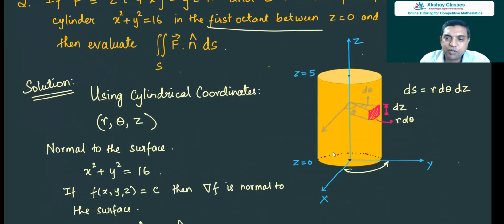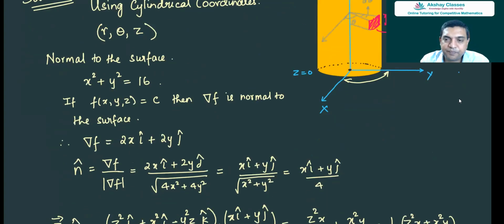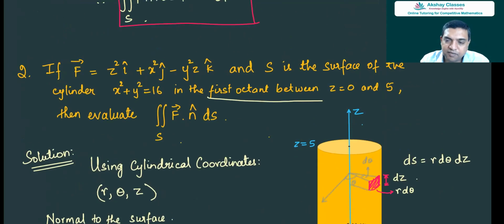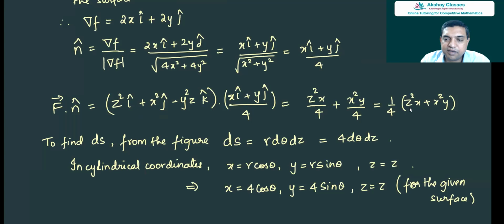Now for ds, how will we integrate? We have to integrate with respect to the coordinates along the surface. So the best integral is using polar coordinates, the cylindrical coordinates. For ds, we found that this is r d theta and this is dz. So r d theta dz will give us the surface area of the infinitesimal element, ds. So ds is r d theta dz.